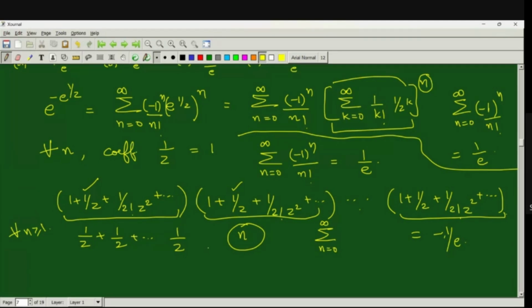Yes. Okay, perfect. Now, how can you find the coefficient of 1 by z? The coefficient of 1 by z comes from, if I am taking 1 by z here and multiplying 1, 1, 1, that is going to be the first 1 by z. The second 1 by z occurs when I pick 1 from here and 1 by z from here.